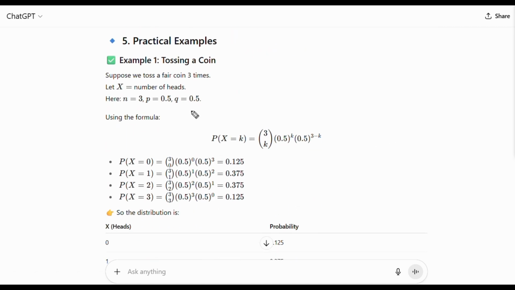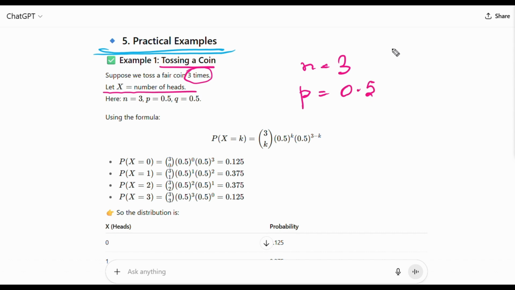Now coming to the most important part, the practical problems. Here we discuss the problem of tossing a coin. Suppose we toss a fair coin 3 times. Let x be the number of heads. As we have already mentioned 3 times, n is equal to 3. The probability of getting a head is 0.5. Why?